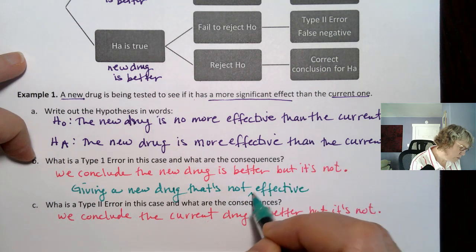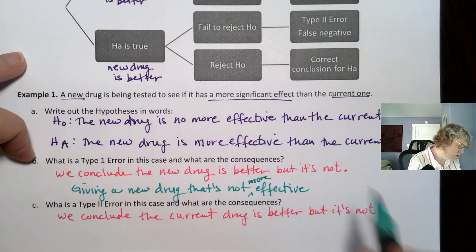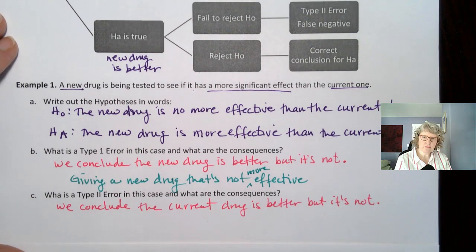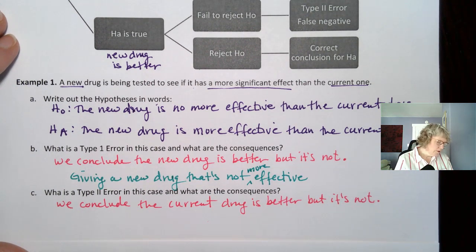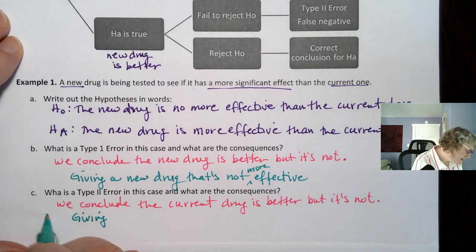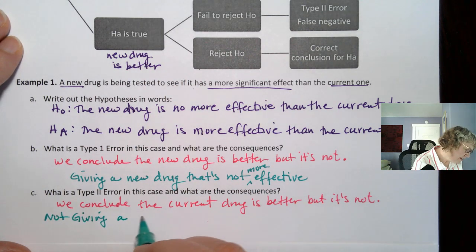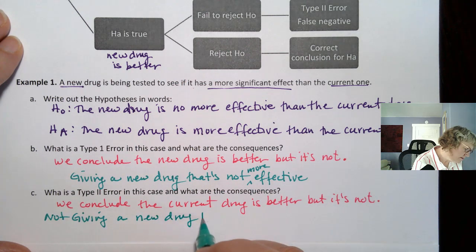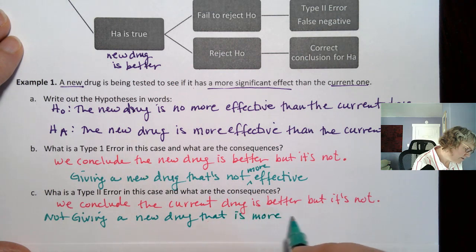Or I could say not more effective. And then if we conclude that the current drug is better, but it's not, we would be not giving a new drug that is more effective.